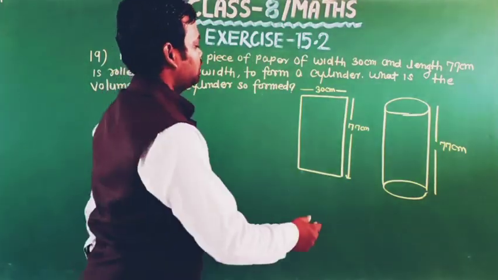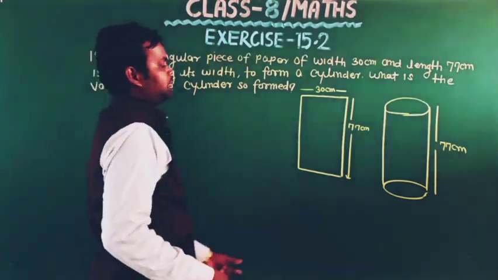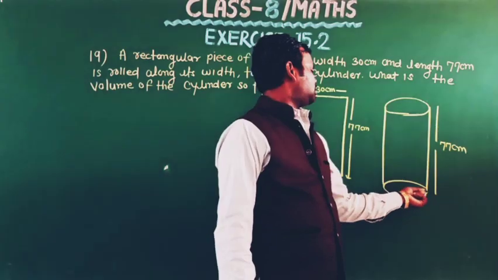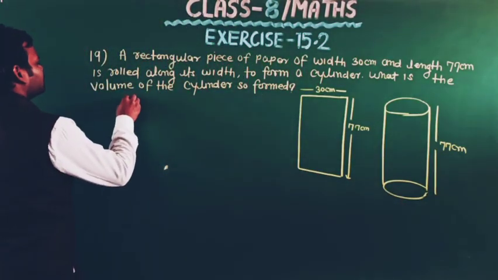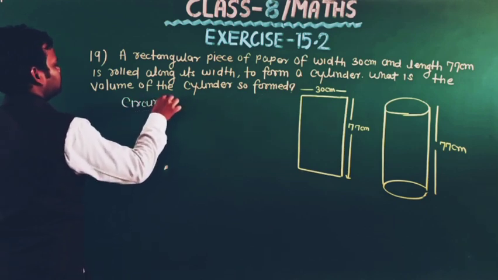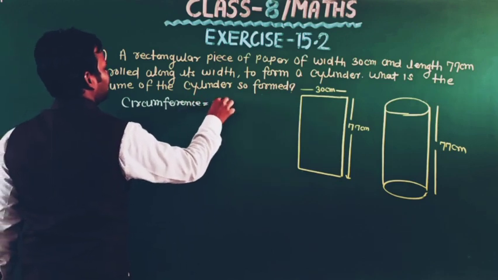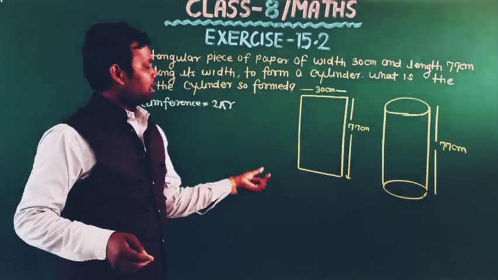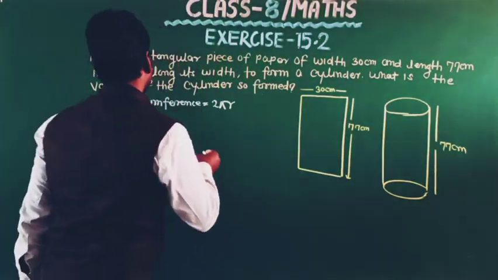So we know the length of the circumference of a circle; this is called circumference. So circumference equals 2 pi r, and this circumference 2 pi r is equal to the width of the rectangular piece of paper.